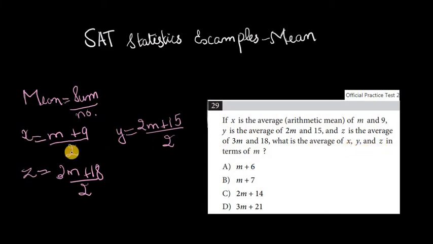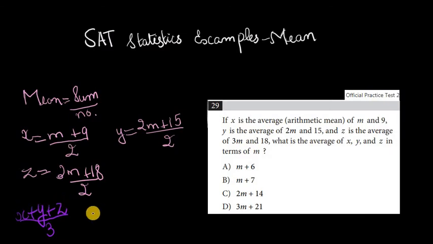And now they're asking us for the average of x, y, and z. So I have x, y, and z here, so I'm going to use the same formula to find the mean of these three numbers. So the mean of x, y, and z would simply be x plus y plus z divided by 3, because there are three numbers.